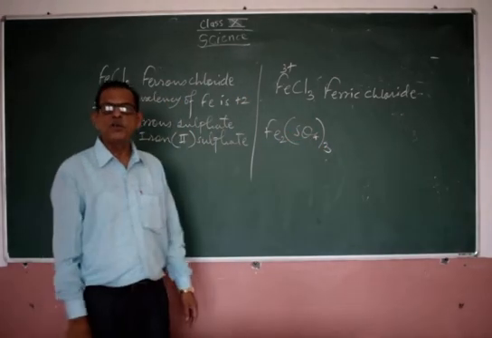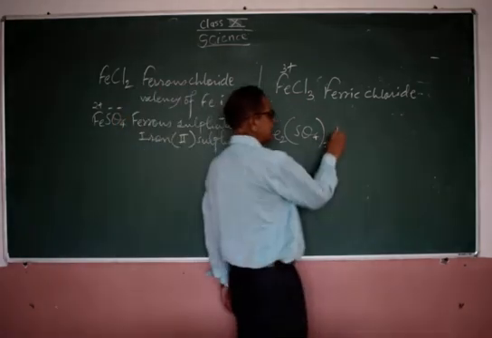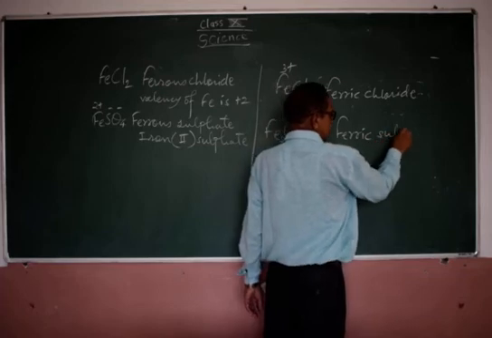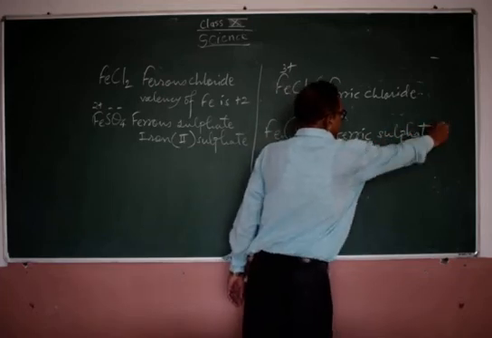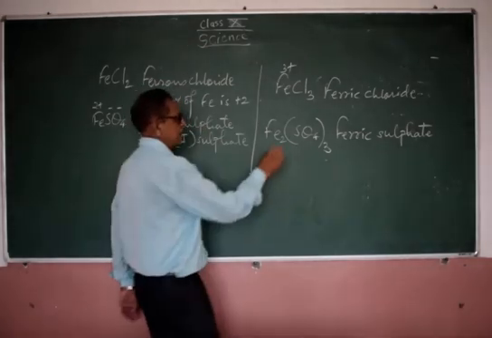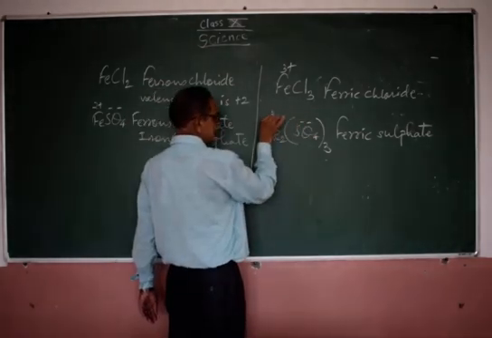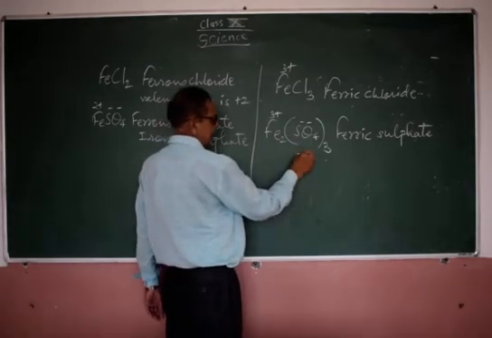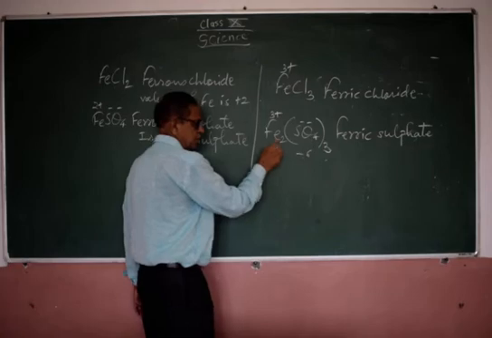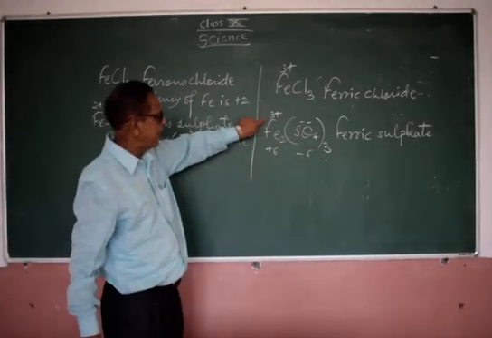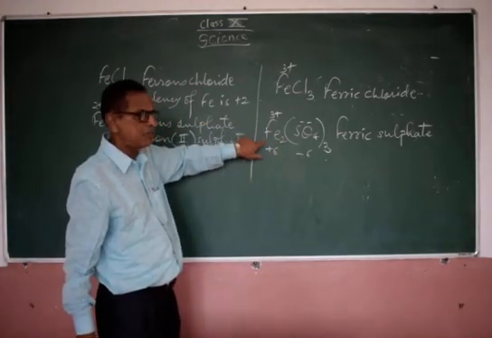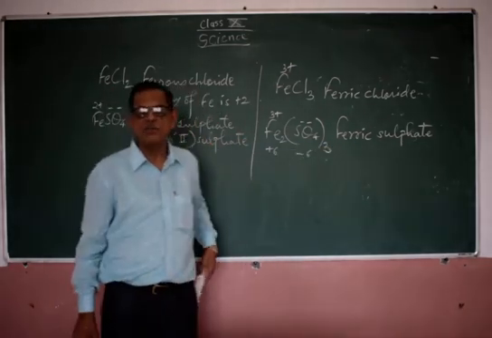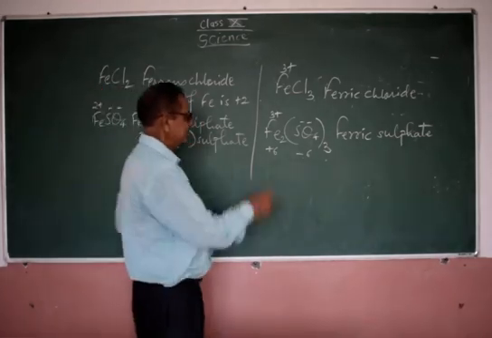Now this compound Fe2(SO4)3 has the name ferric sulfate. And here see, 2 negative charges, here plus 3 charges, and total charges minus 6 plus 6, 2 Fe atoms. So one Fe atom having 3 positive charges, 2 Fe atoms will have plus 6 charges, and in this way the valency of Fe is 3.